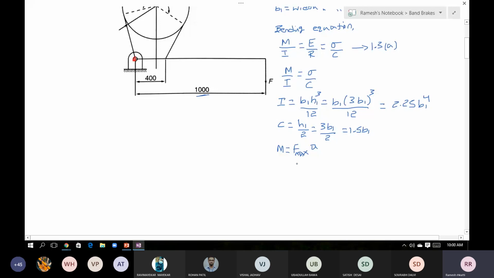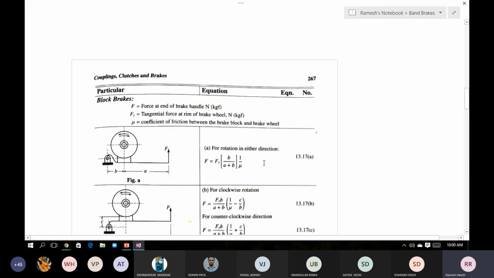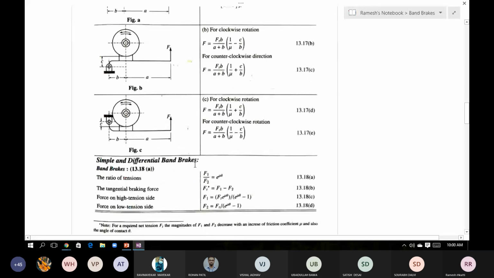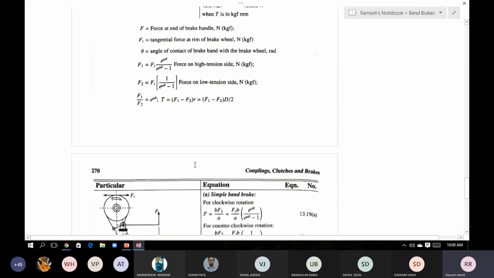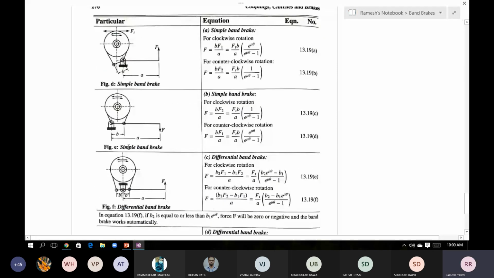Now we need to find this maximum force. How to find this force? As I told you, in a simple band brake, you have to use these two equations to find the force. In that, whichever is maximum, that force has to be taken to find the bending moment. Once we consider clockwise, the other case we consider counterclockwise. In that, we calculate the force, and whichever is maximum can be taken.